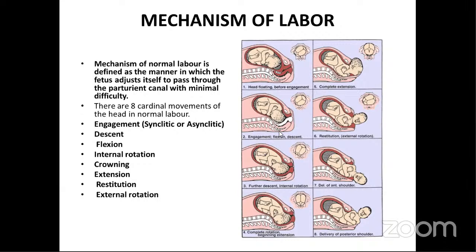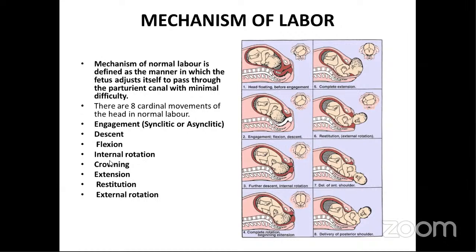In the second one, it is engaged, where the biparietal diameter of the fetus is crossing the pelvic brim. That is when we call it the engagement. We'll discuss more about the engagement in subsequent slides. So this is the engagement occurring, as well as flexion, where the fetal chin almost touches the chest and it becomes more flexed, more curled up. That is called flexion, and at the same time there is descent occurring.